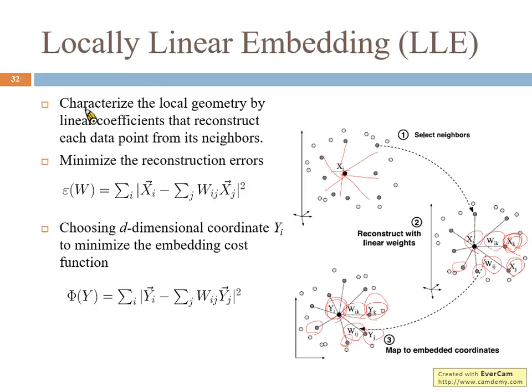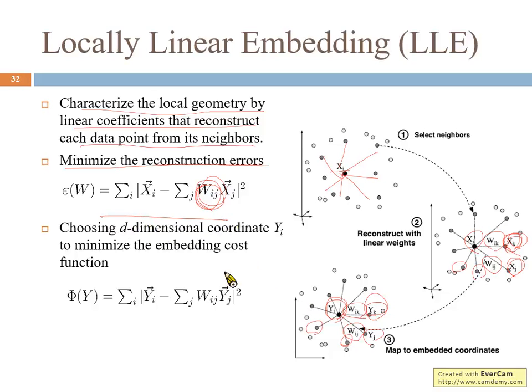So they characterize the local geometry by the linear coefficients that reconstruct each data point from its neighbors. And of course, when we determine the linear coefficients, we try to minimize the reconstruction error. So no matter in the higher dimensional space or low dimensional space, we need to minimize the reconstruction error.